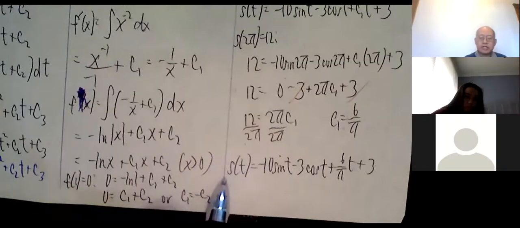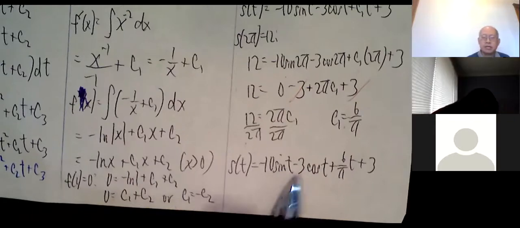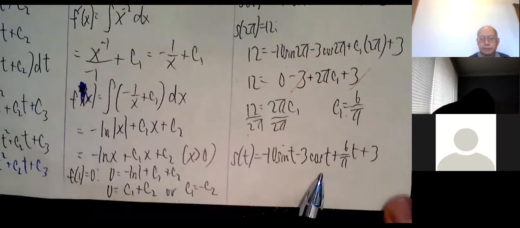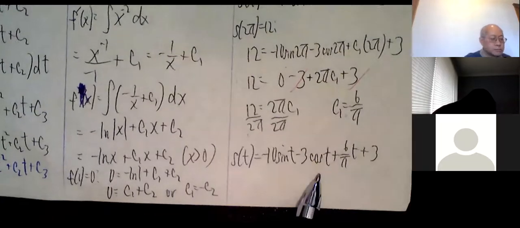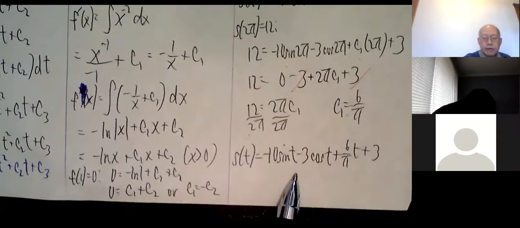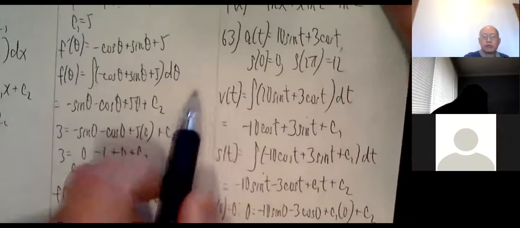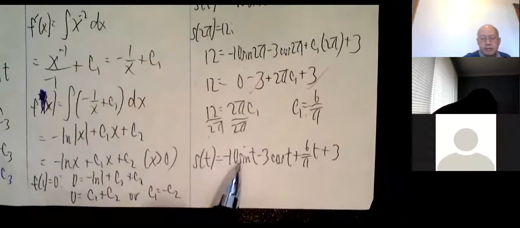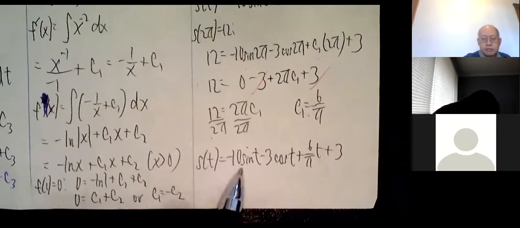Okay, so this is my answer. S of t is negative 10 sine t minus 3 cosine t plus 6 over pi t plus 3. So one and only one function, with 3 properties. Property number 1, when you plug in 0, you get 0. I don't feel like checking this, but if you plug in 0, you get 0.